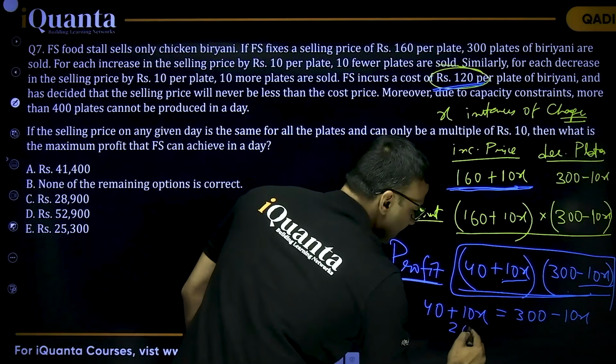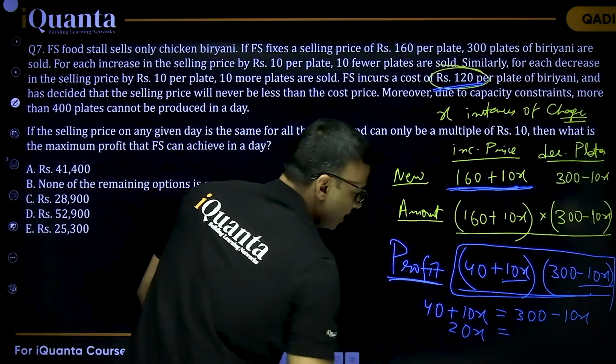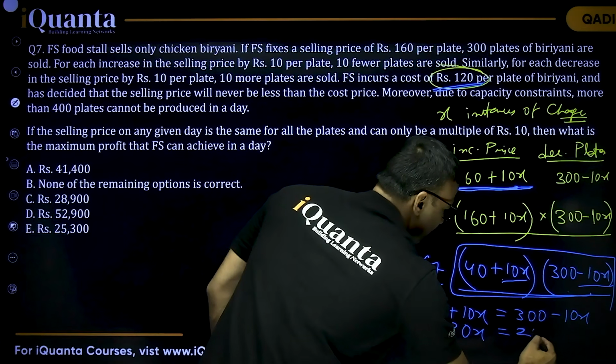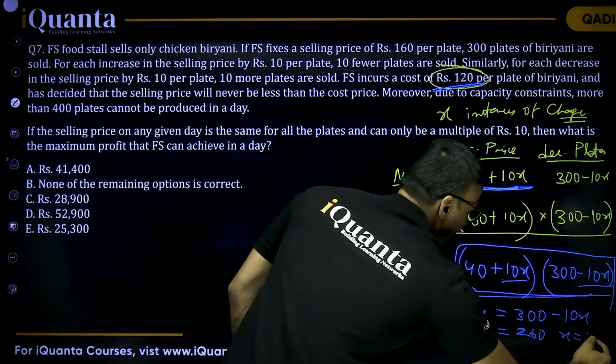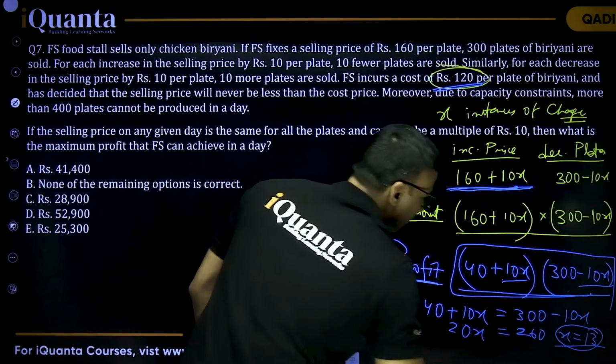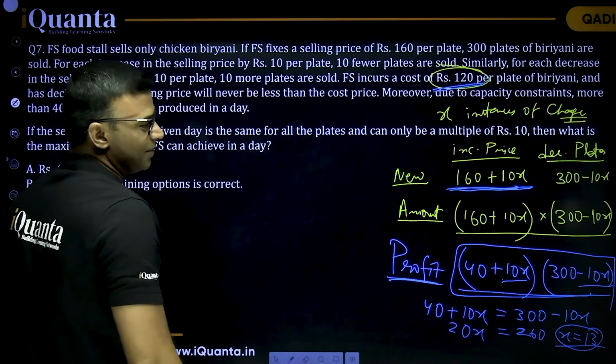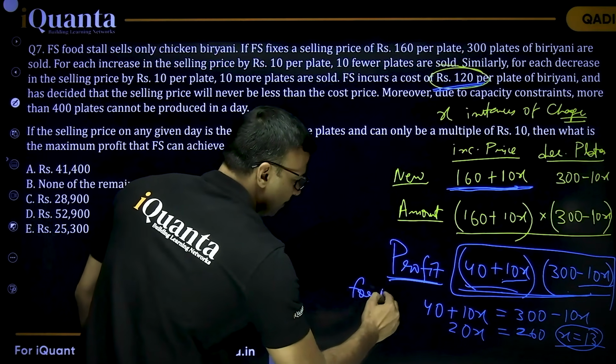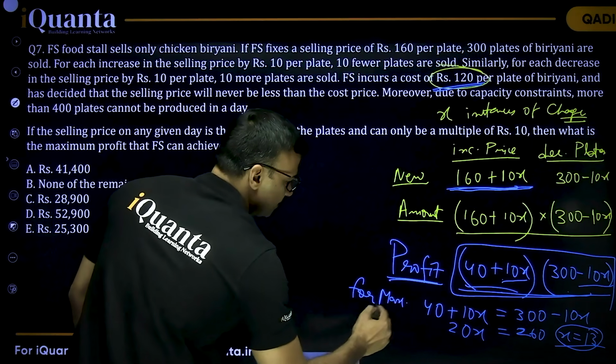So 20x is equal to 300 minus 40, that is 260. So x is equal to 13. Now if I put x equal to 13, what happens?